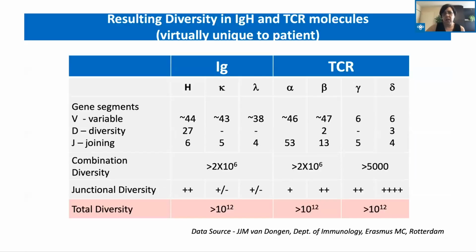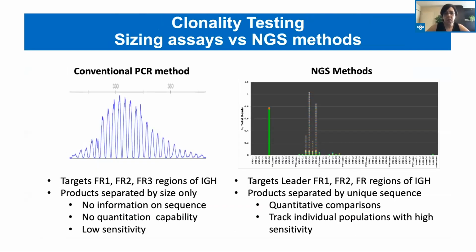At the end, the resultant diversity of both IgH and TCR molecules is so high, as you can see, the total diversity after all of these changes is about 1 × 10⁻²⁰, which makes them virtually unique to that patient. So it's a very easy way to monitor that patient for the disease-specific clone.